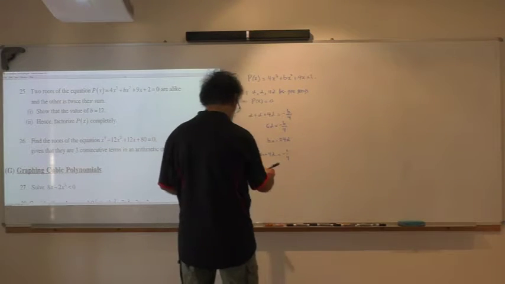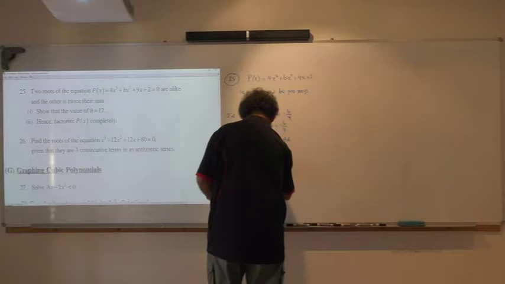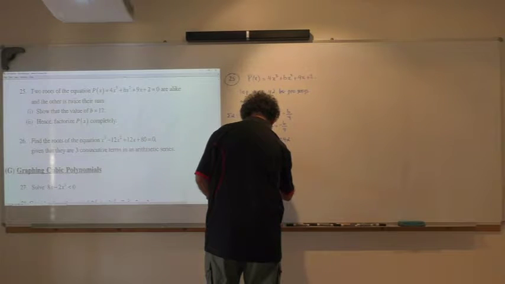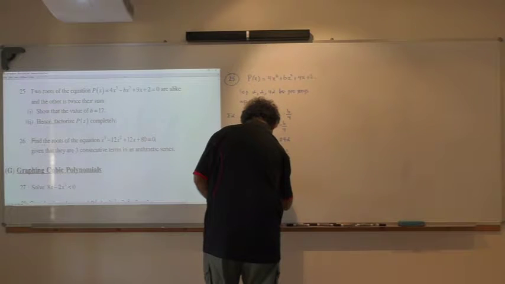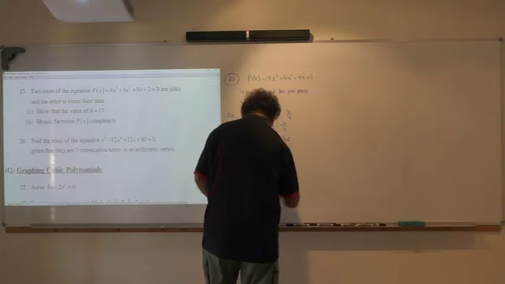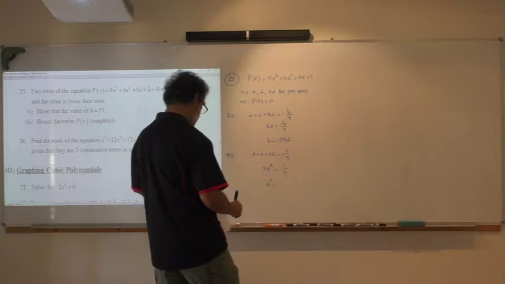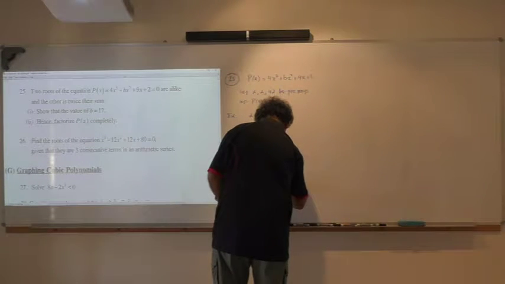From here we can find alpha. So 4 alpha cubed is equal to negative 1 over 2.